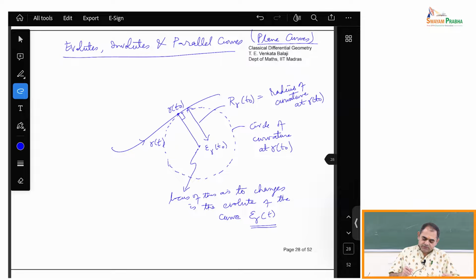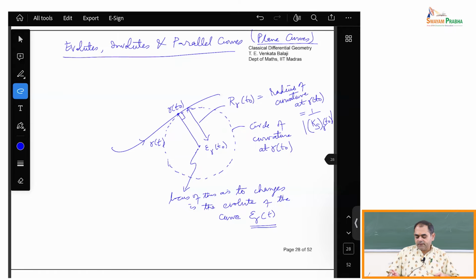So this is also equal to 1 by the magnitude of the sine curvature of gamma at t naught. And of course, when you are dividing by sine curvature, it is assumed it is not 0.